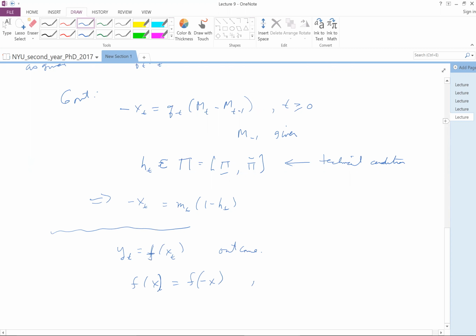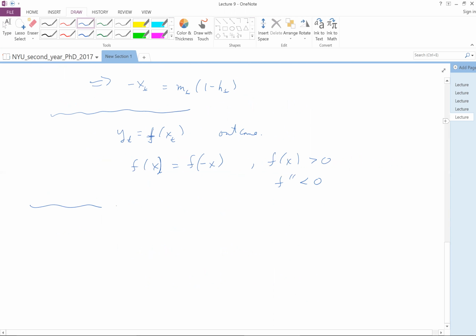And the key thing is that he's going to assume that f of x is positive, but f, the second derivative, is negative. Okay, so we discussed that in class. Okay, so to formulate the Ramsey problem, the first thing we did is we got first order conditions for the household. When we got those.